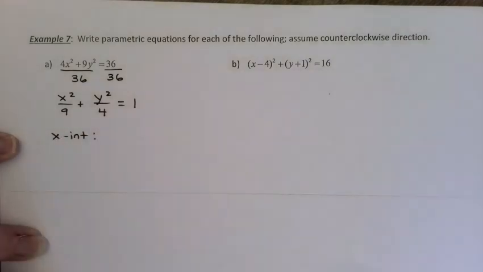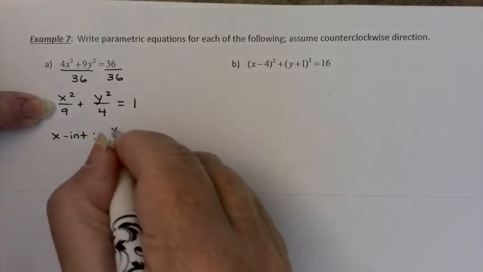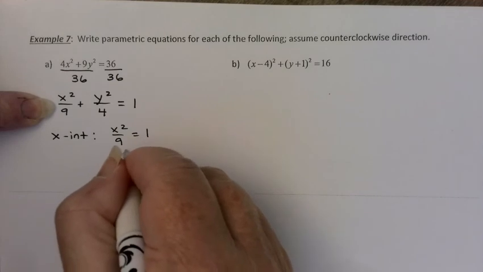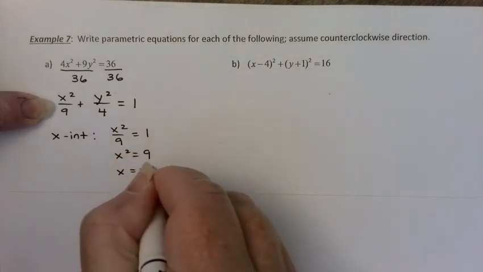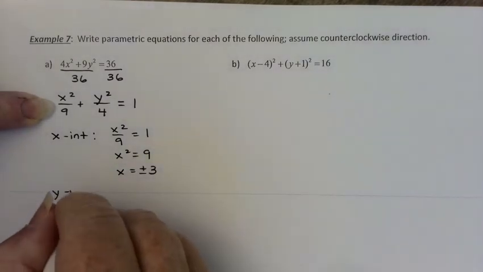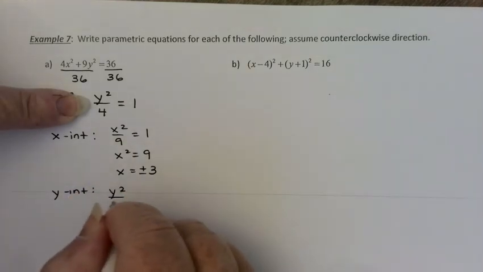The x-intercepts: if y is 0, x squared over 9 equals 1. X squared is 9. X is plus or minus 3. And for the y-intercepts, if x is 0, I'd have y squared over 4 equals 1.